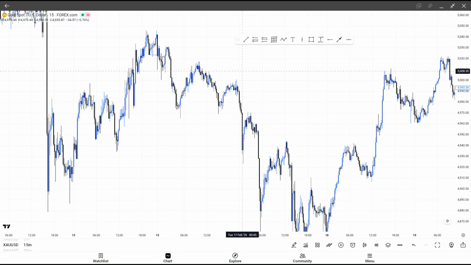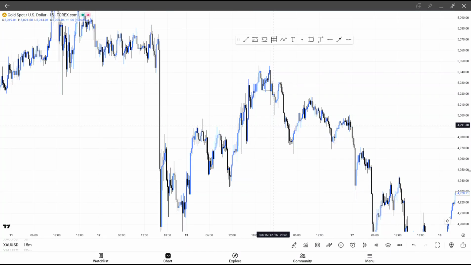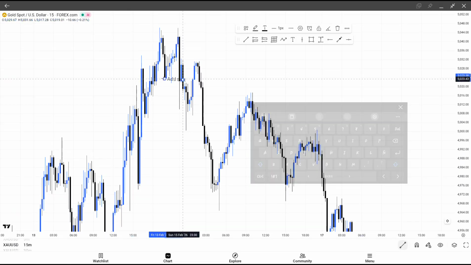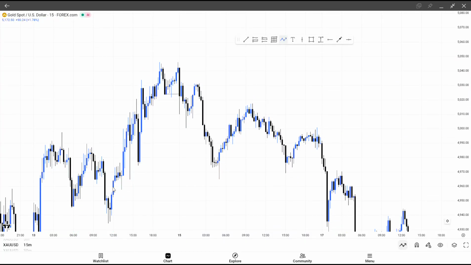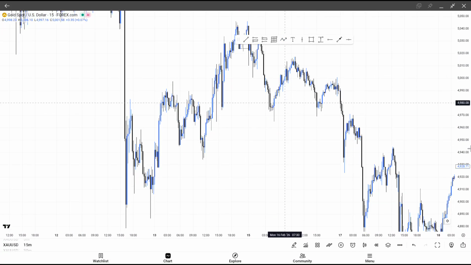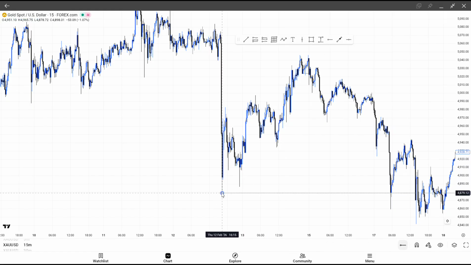Because it took out the lower low of the previous trend, something like this. I think you can see it, right? Higher high, higher low, higher high, higher low, higher high, higher low, higher high, higher low, higher high, lower low. You see the market structure shift, right? As right now we are changing direction to go to the opposite side to take out this low.